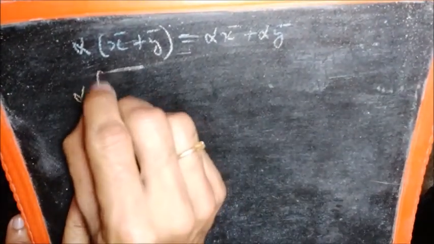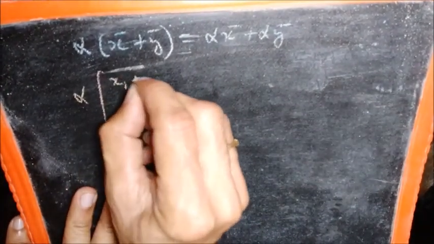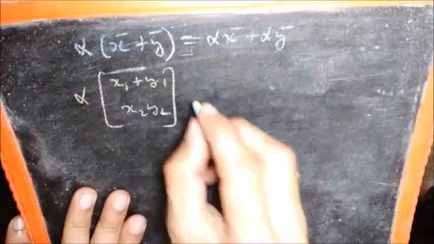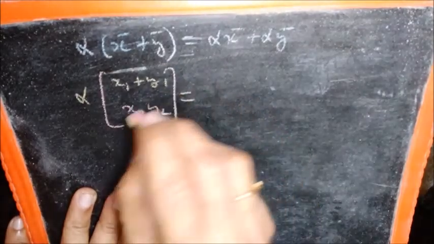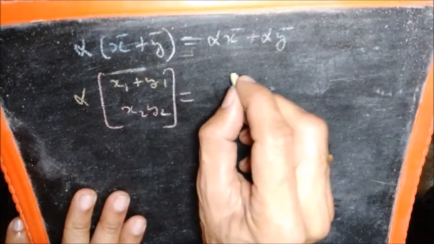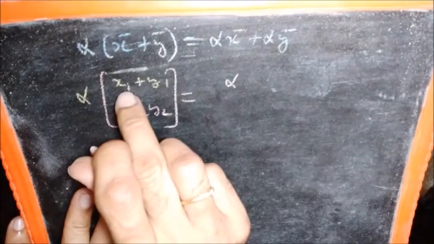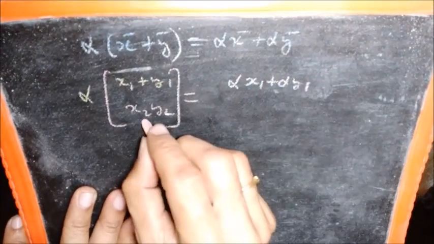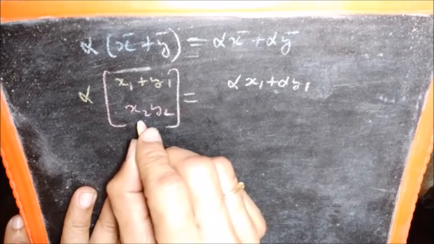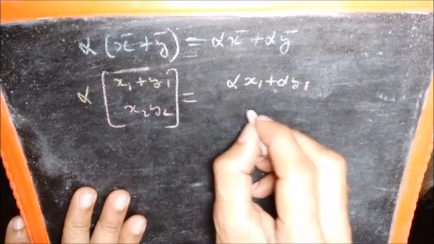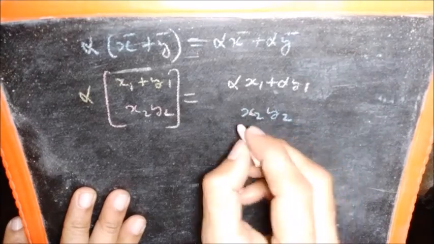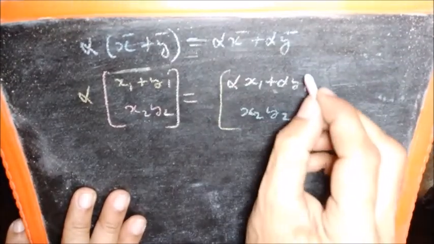Alpha into x plus y will be, again I will straight away write the result, x1 plus y1, x2 y2. This is the left hand side. That will be equal to, the way we have defined scalar multiplication, alpha into x1 plus y1, that is alpha x1 plus alpha y1, and alpha into x2 y2, that just turns out to be x2 y2, because if you just flip back, you will see that this is the way we have defined this scalar multiplication.